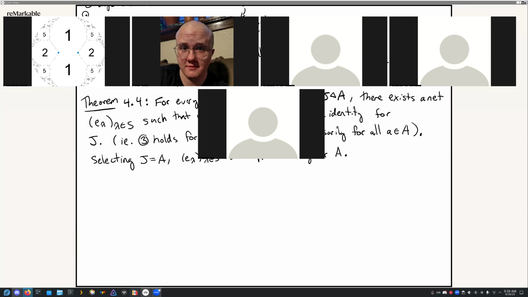Then to construct the E lambdas, you sum up the squares of those elements and evaluate at some particularly chosen function using functional calculus. You get all of the properties 1, 2, and 3 that you require for the approximate identity. So it's a really nice application of functional calculus.